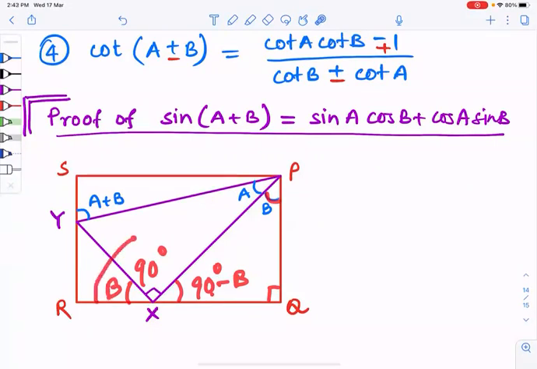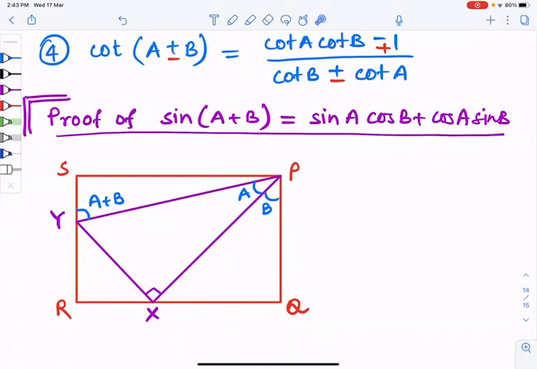What is the total angle here? 180 degree. If I add all three angles, it should be 180. You see, B, 90 and 90 minus B. If I add, it will be 180. Right. So let me put that here. This angle is B. Right. Okay. So that is our construction here.